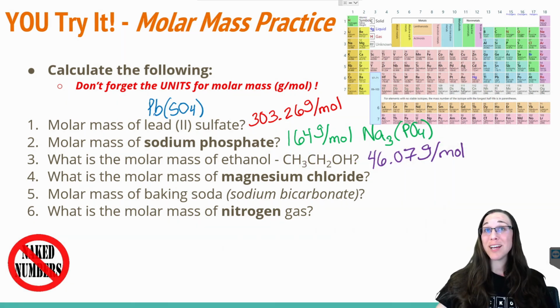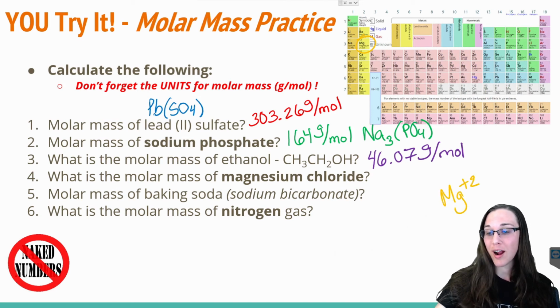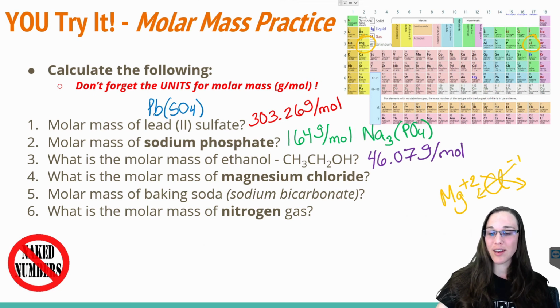How about the molar mass for magnesium chloride? Magnesium is here in that +2 column, so Mg +2. And chlorine is over here in the -1 column, Cl -1. Drop and swap those two together to balance our charges, and we end up with MgCl2.